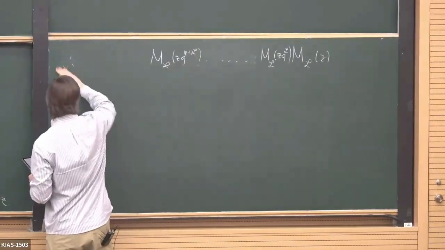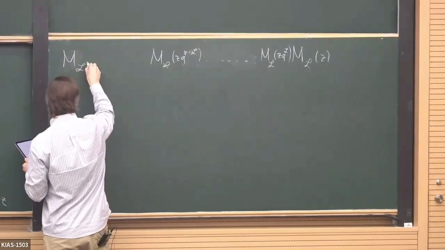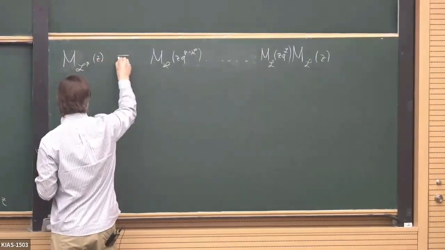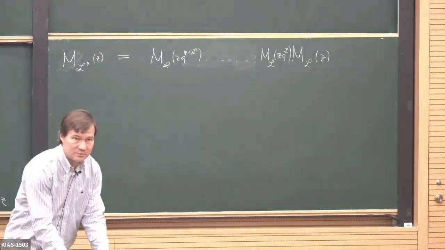Let's call this guy straight M_L to the P. It's an iterated product of P operators.